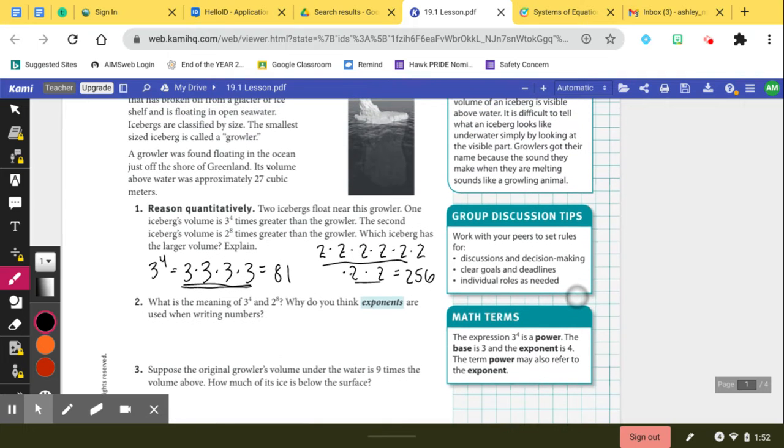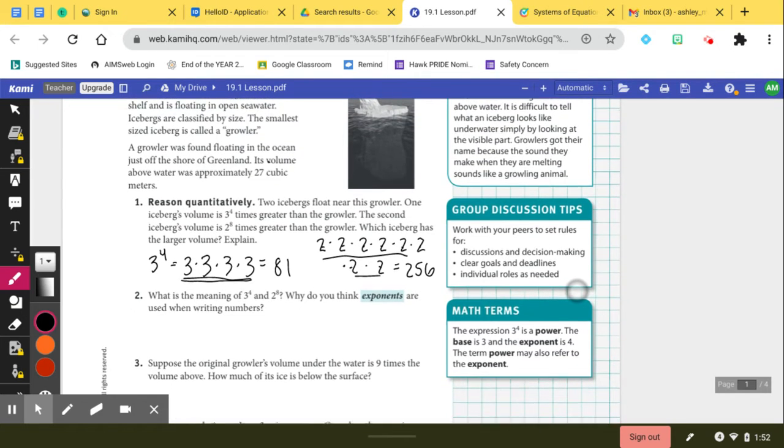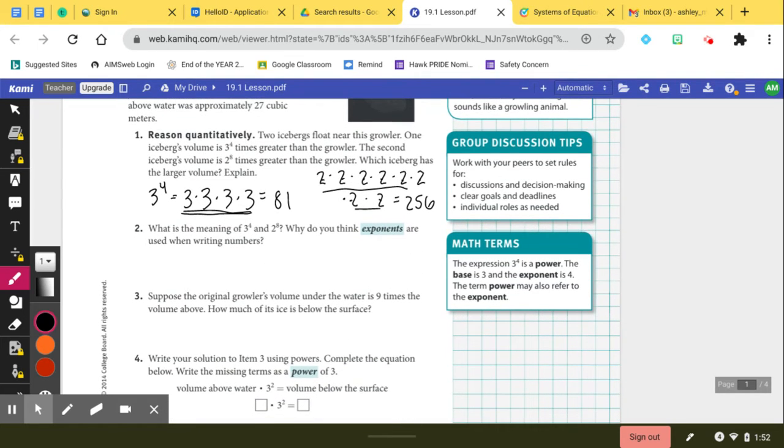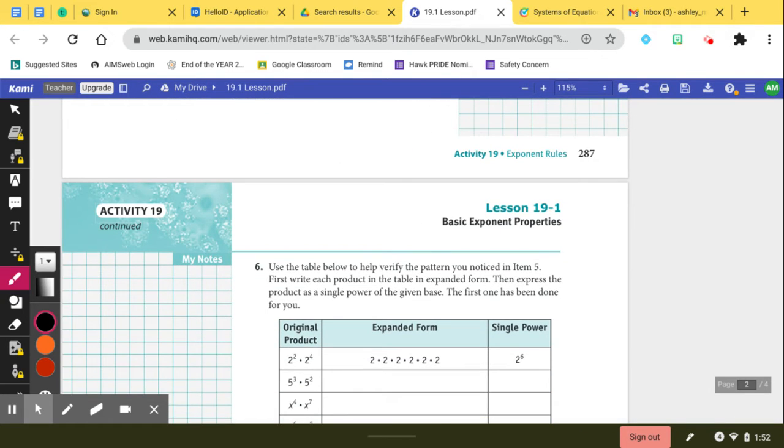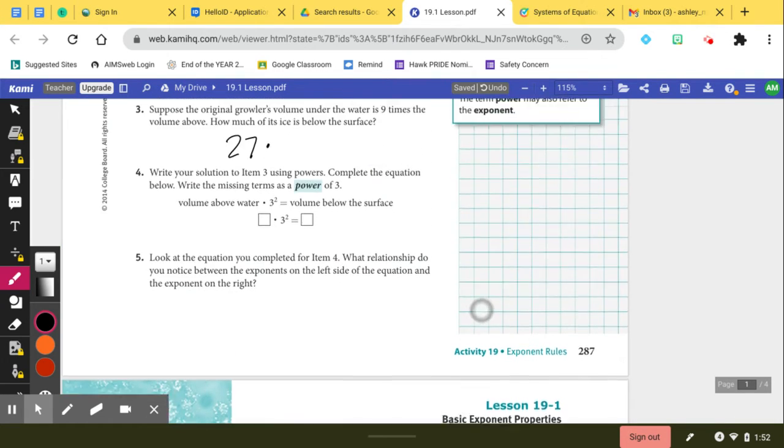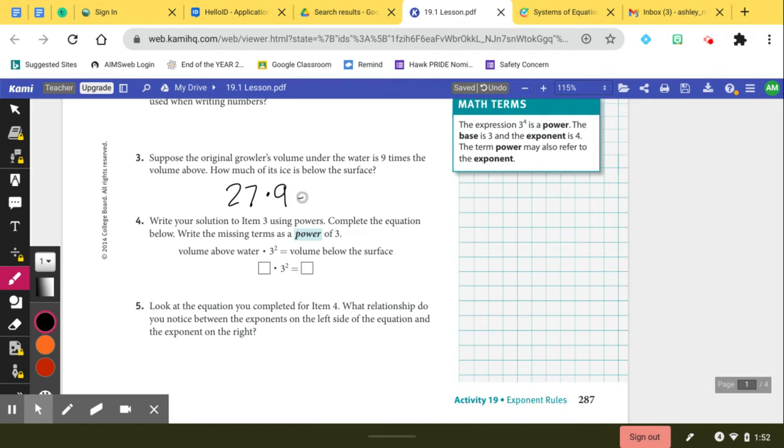So 9 times the volume above, so it'd be 27 times 9, which is 243 cubic meters. This is because the volume above the water was 27, and 9 times that is 243.